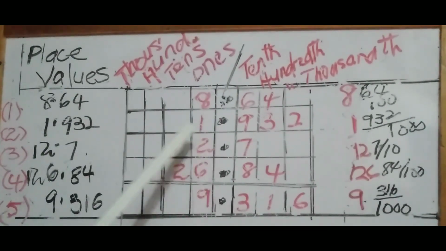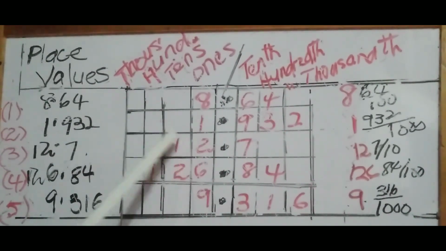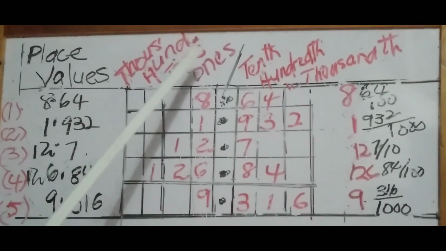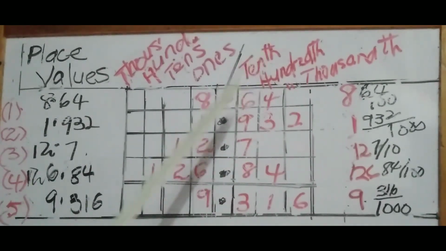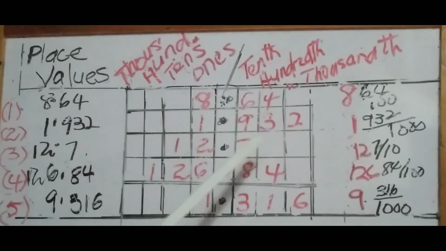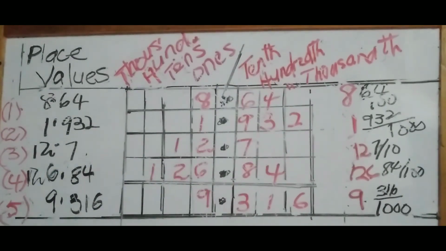12.7, we put in the 2 first. So the 2 goes underneath the ones column, and the 1 automatically comes underneath the tens column. And we have 7 here. The 7 naturally goes underneath the tenths column, because the first number after the point is normally the tenths place.